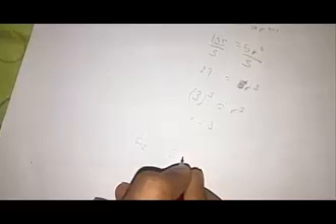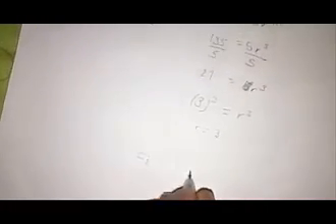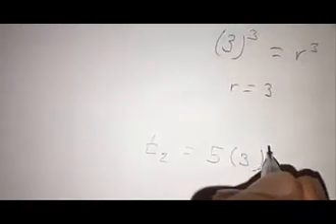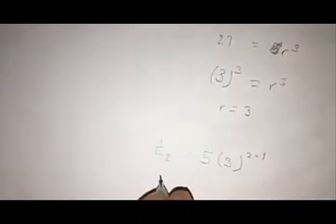So we use the same equation that we used up here, and sub in T2 equals a is 5, r is 3, and n is 2 minus 1. So T2 equals 5 multiplied by 3 to the power of 1, which is 15.